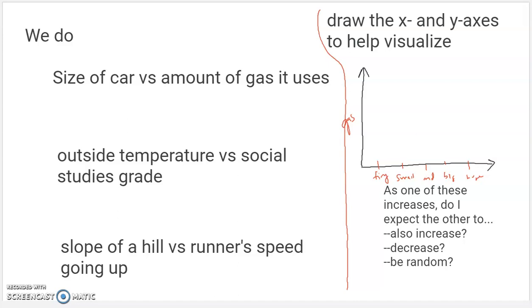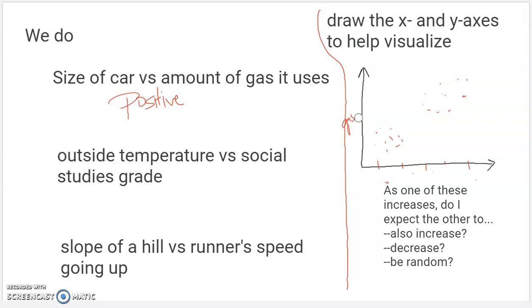So as the car gets bigger, I would expect the amount of gas it uses to be more and more. I would expect the small cars to be down here, low gas, and the huge cars up here, more gas. I think I would expect a positive correlation there.